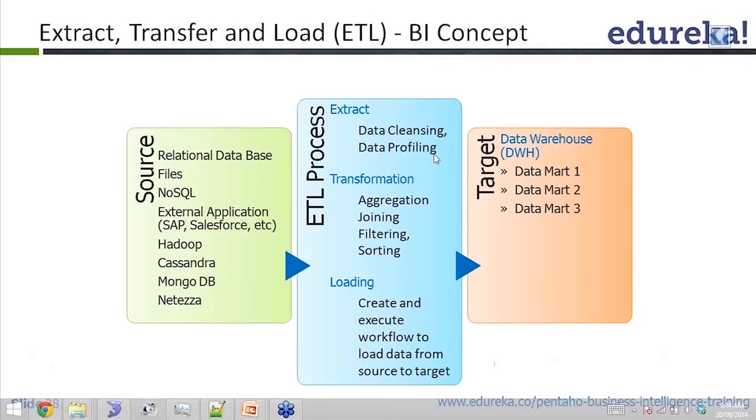During transformation, it does aggregation, then joining with some static data, metadata, then filtering, so only required data is pushed, then sorting. Once transformation is done, it will be pushed to the target system through load. So it will create and execute a workflow to load the data from source to target.